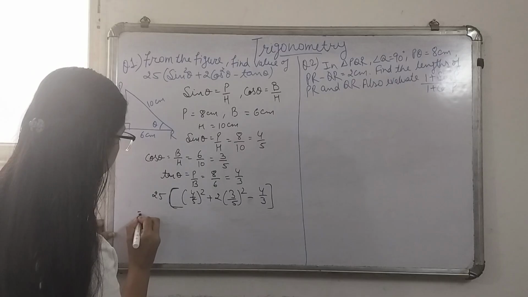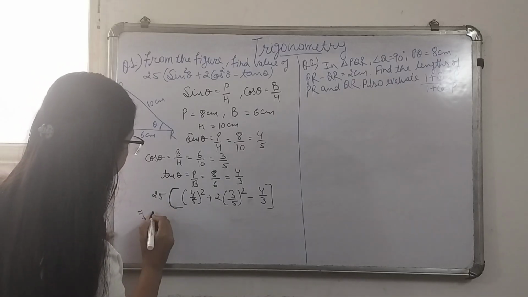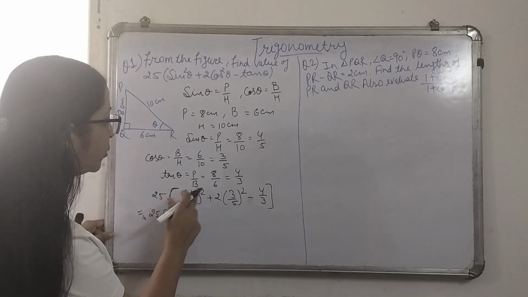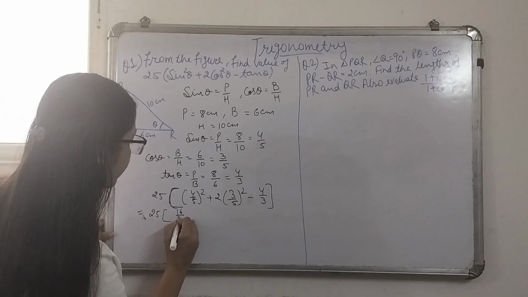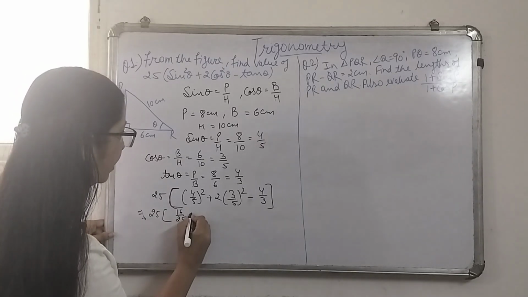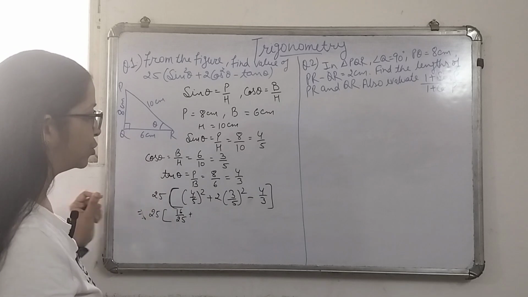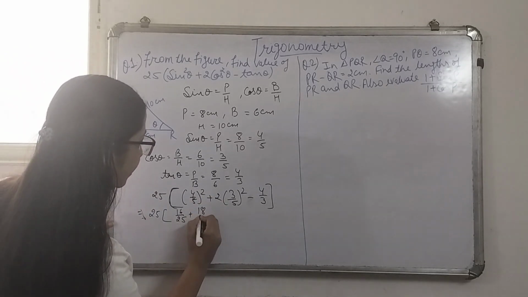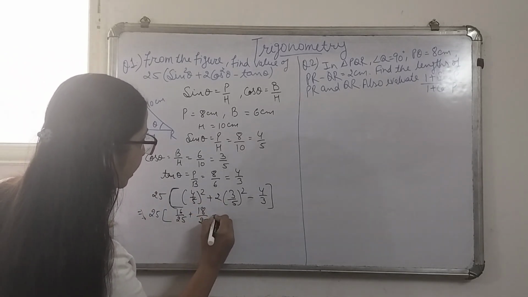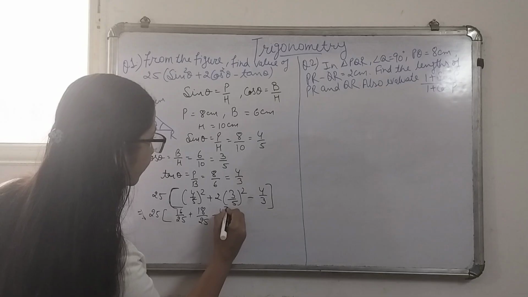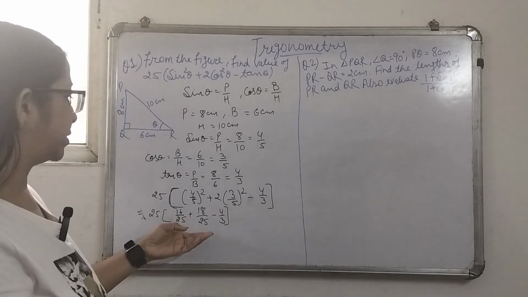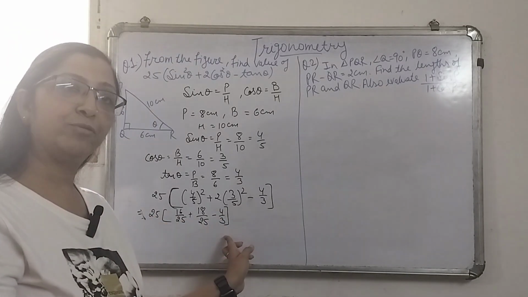So it will be 25. 4 square will be 16, 5 square will be 25, plus square of 3 will be 9. 9 multiplied by this 2, 9 2s are 18, over 25, minus 4 upon 3. If we solve it further, we have to take the LCM of this bracket.